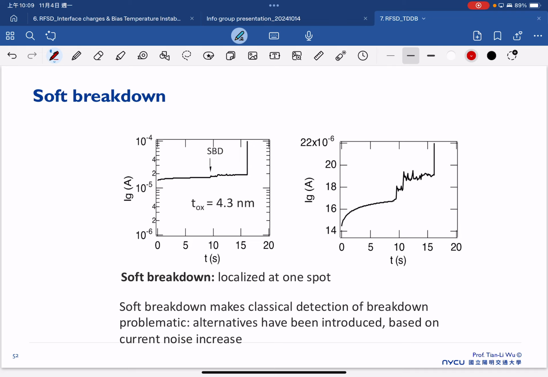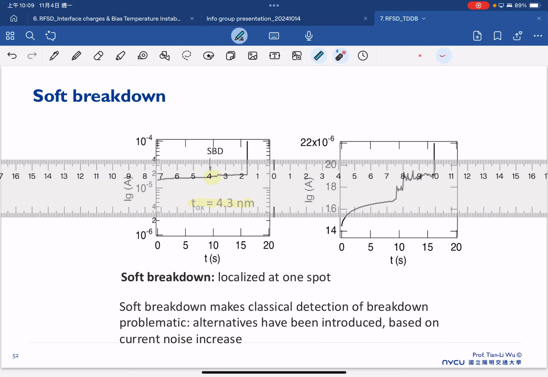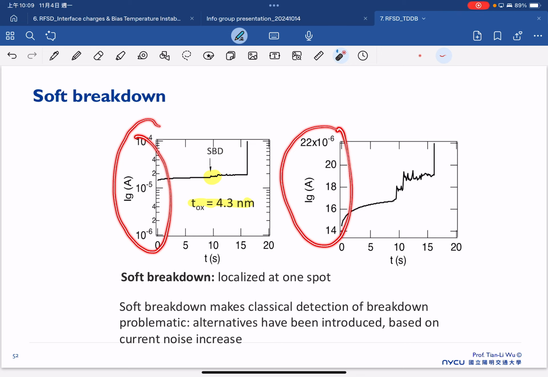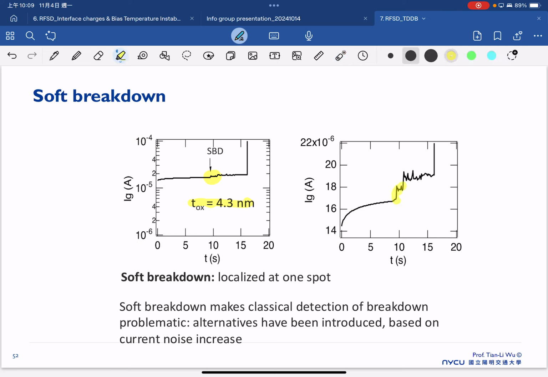So here are some more experimental results. We can see this is current versus time on the left-hand side, in a case where we have an oxide thickness of only 4.3 nanometer. This is the first one, a soft breakdown. If you zoom in here, this is a different scale. This is a larger scale, this is a smaller scale. We can see this small hump here.